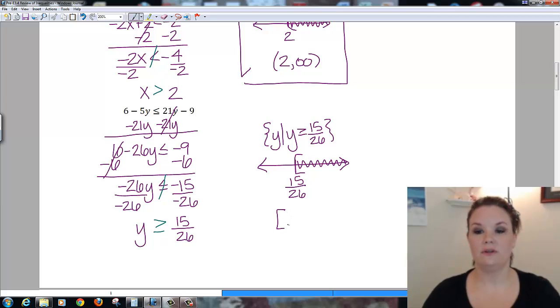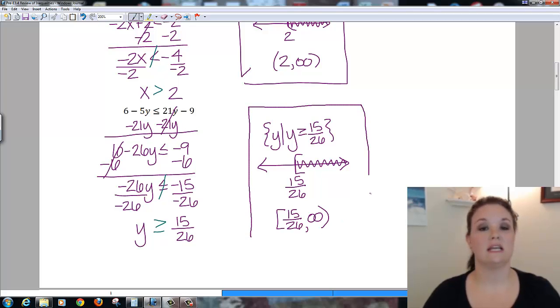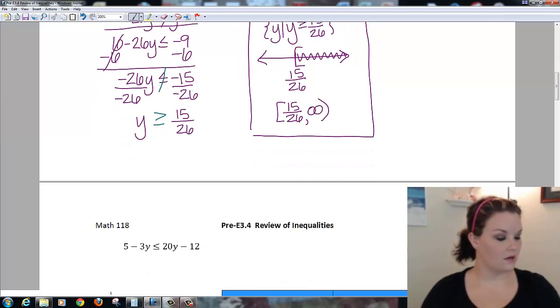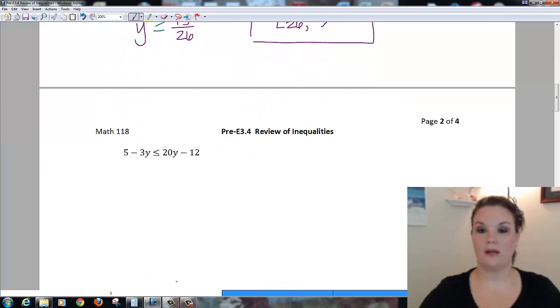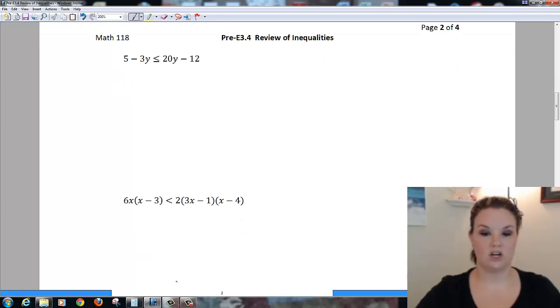And since I'm including it, I'm going to use a bracket. Okay. So my interval notation would be that bracket at 15 over 26 on out to the right, which is going to keep going out to infinity. Remember, we always use parentheses on our infinities. Okay. All right, I have a few more to show you, and then y'all can get started.